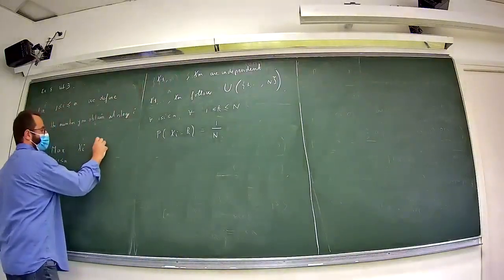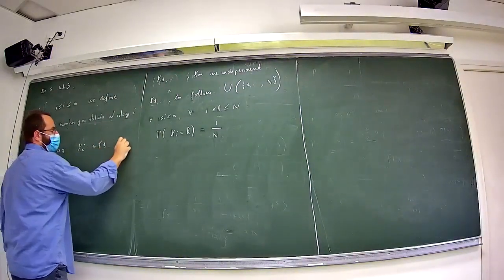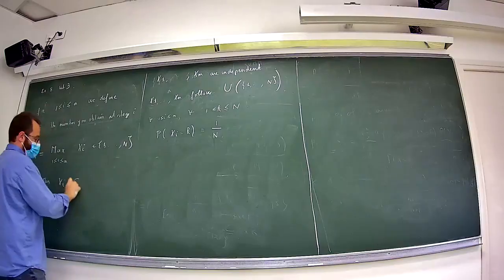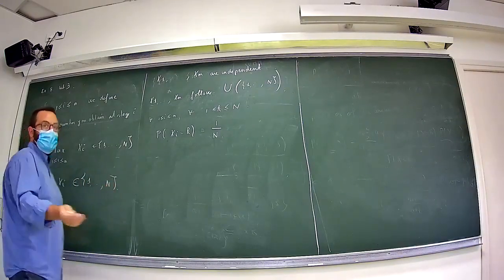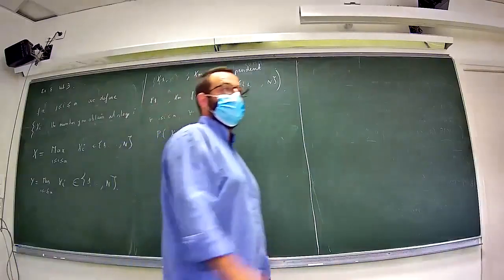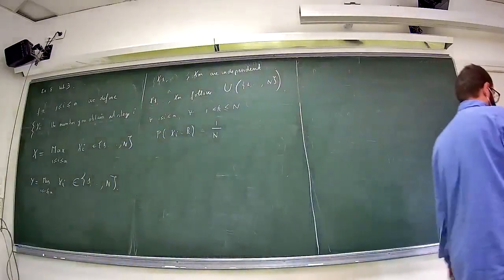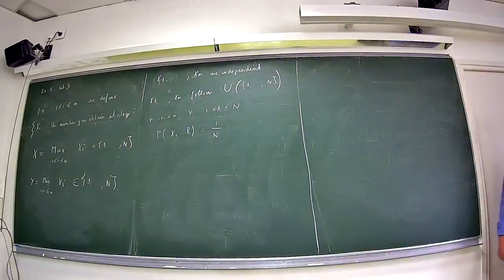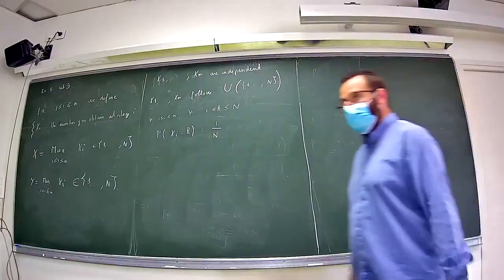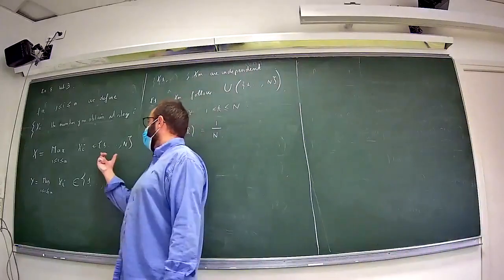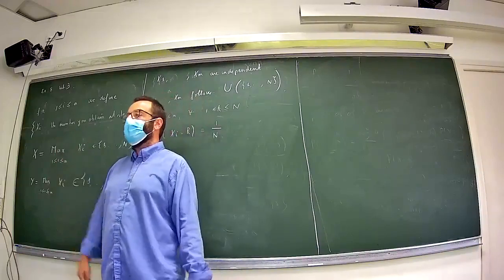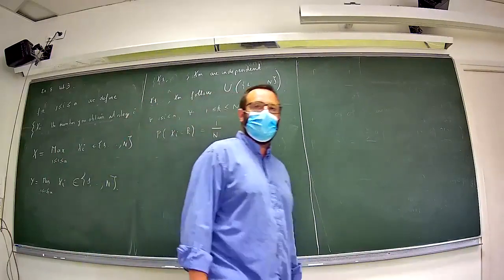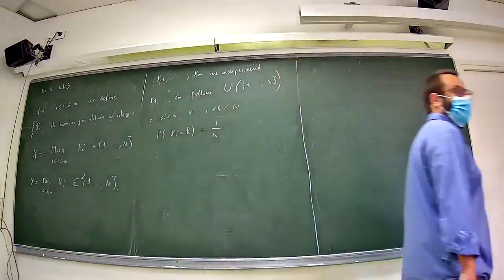So this one belongs to 1 to N, and this one also, because I take the max or the min between numbers that are between 1 and capital N. So if I want you to find the distribution a priori of capital X and capital Y, then you have to be able to find the probability that X is equal to 1, the probability that X is equal to 2, the probability that X is equal to capital N, and the same for capital Y.